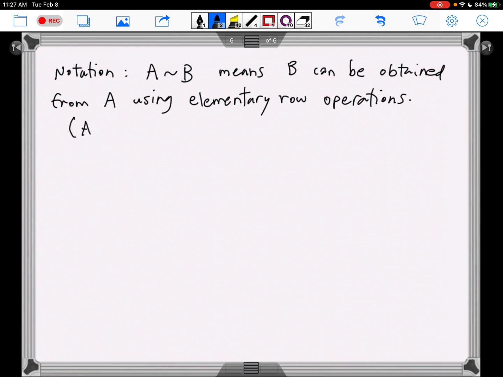So the way you say that again is A is row equivalent to B.